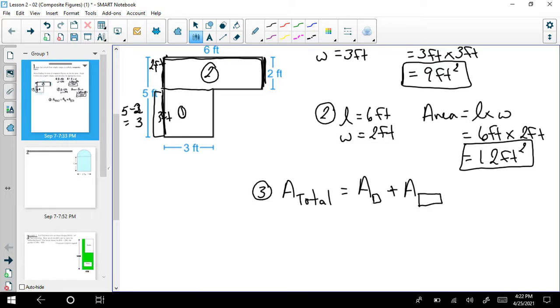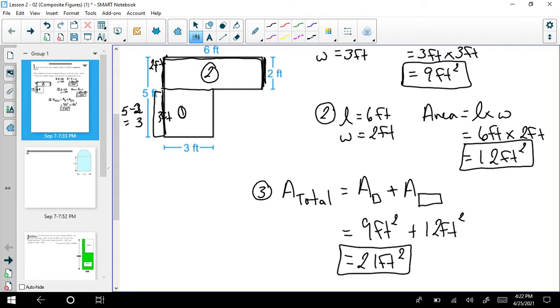Terrible drawings, I know. This is why I'm not in art class. So the area of my square we know is 9 feet squared, plus the area of the rectangle, which is 12 feet squared. When I add those together, 9 plus 12 gives me 21 feet squared in total. So that right there is the area of my composite figure.